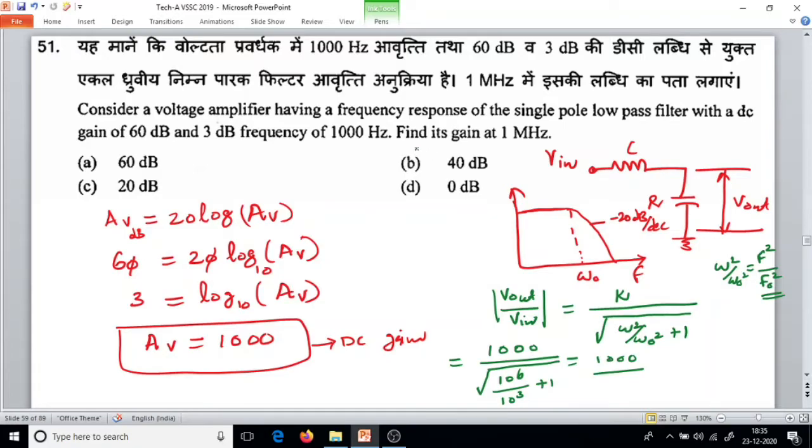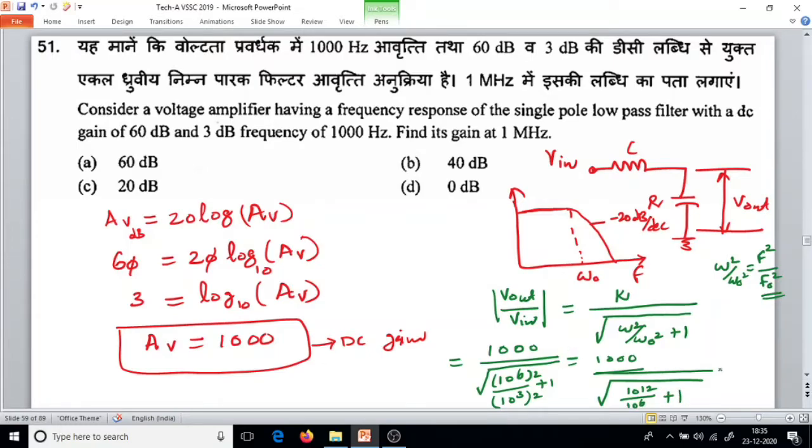Oh no, what is the value of this one? We have to take the square. We have to take f square and f naught square, which is equal to 10 to the power 12 divided by 10 to the power 6, plus 1.